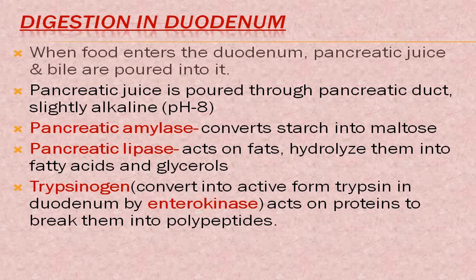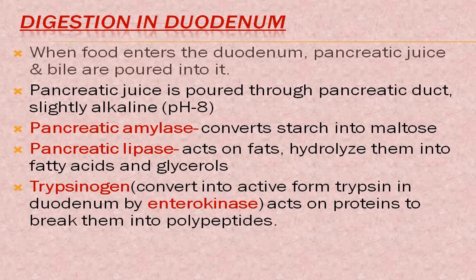Then trypsinogen. Trypsinogen is a protein splitting enzyme, and it is also in inactive form, just like pepsinogen in the stomach, which was secreted in inactive form.